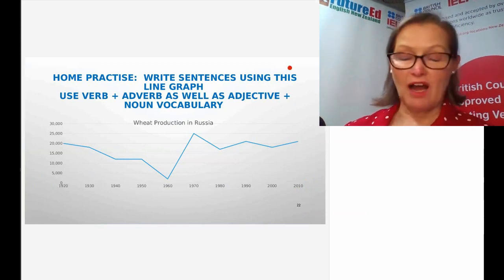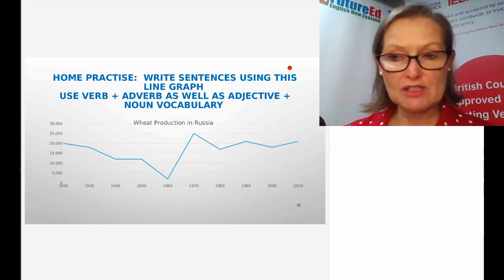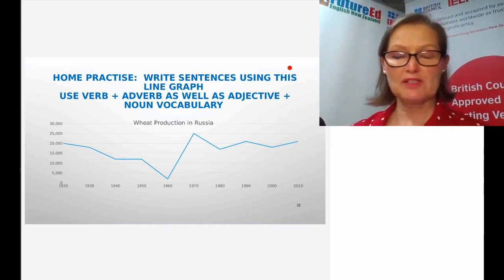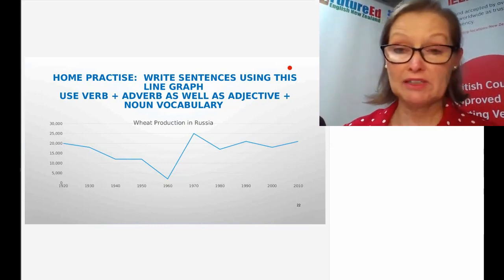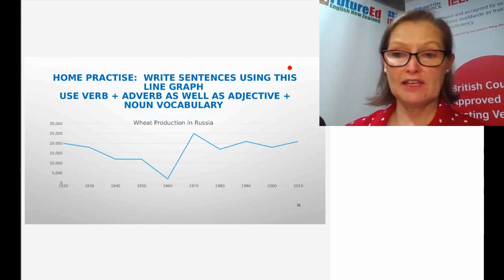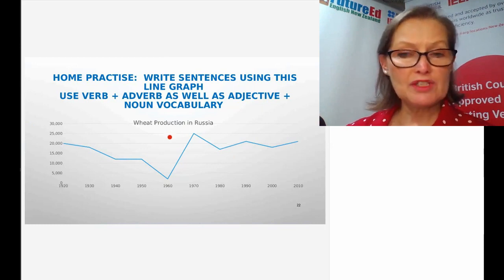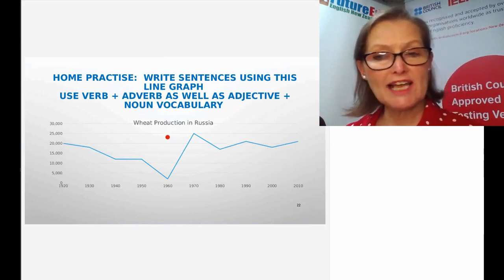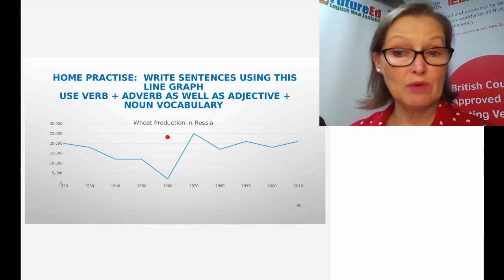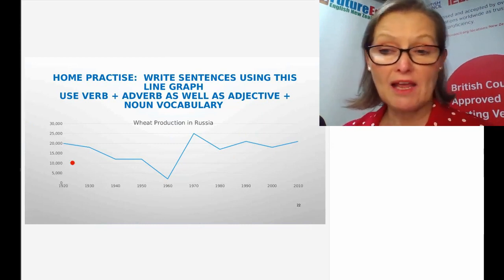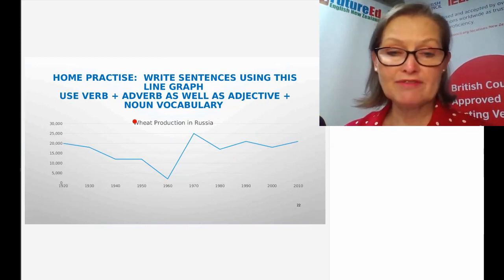So here is another graph, and if you can make a screenshot of this, if that's at all possible, or it will be available in the uploads, and you will be able to access it again. So here's a graph that I want you to use for practice. And what I want you to do is write exactly the kind of sentences as we wrote in the previous slide, using this line graph.